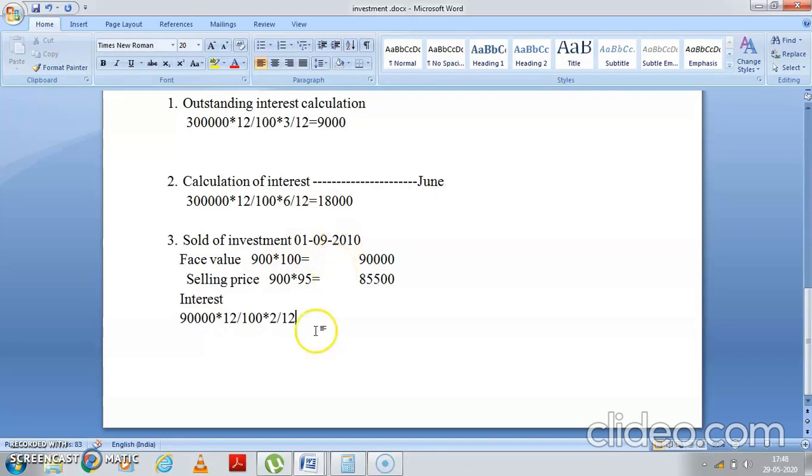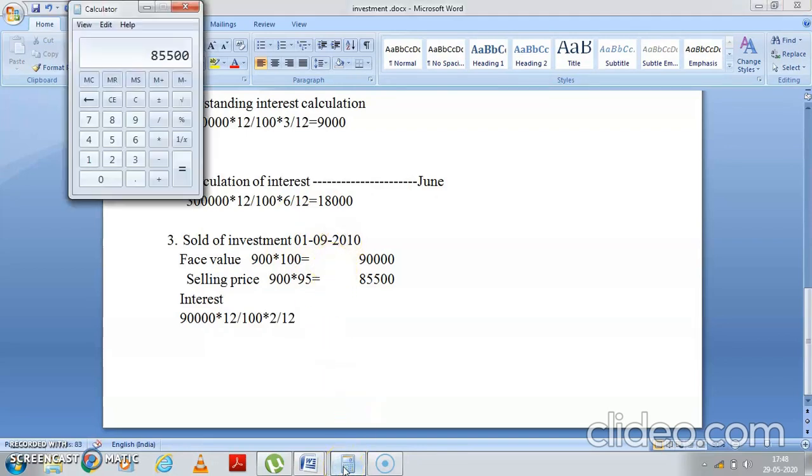So what will be your interest? Just calculate and understand it. 90,000 into 12 percent, that is coming to 10,800. Okay, so 10,800 divide by 12 and multiply by 2. So your interest is coming to how much? 1,000. What is happening? What happened?